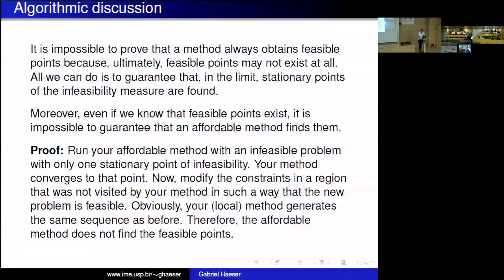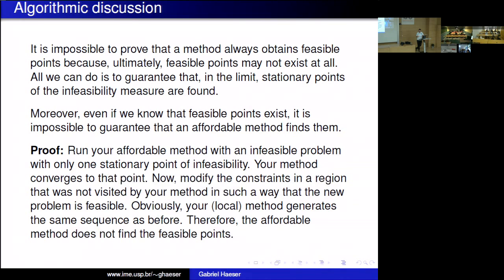Okay, so assume that you have a problem where there is only one stationary point of the infeasibility measure. In general, that's what an algorithm will do. If you remember the external penalty method, you are always looking for the global solution at each step, and then you are able to find a feasible point if it exists.